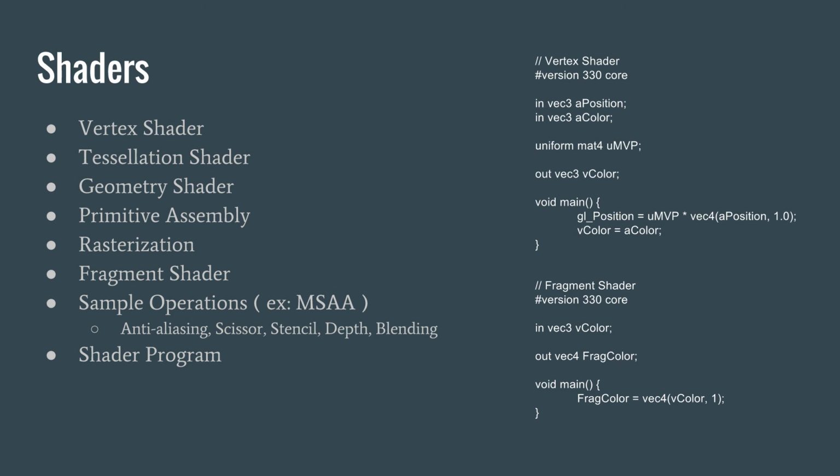So there'd be 16 different fragment points that it's going to touch and figure out, and then it'll average them all out to create an anti-aliased version.